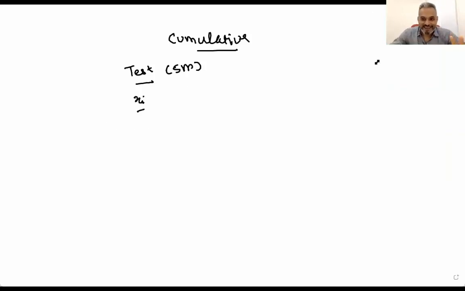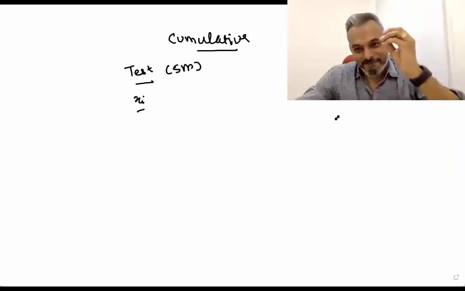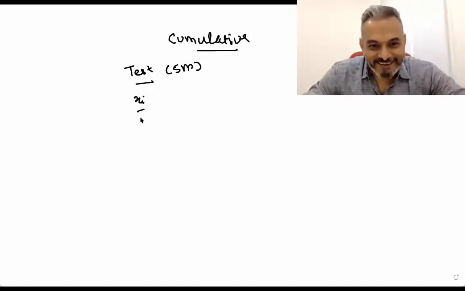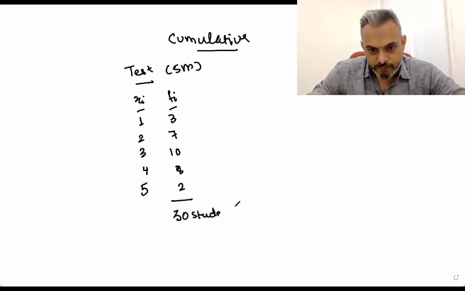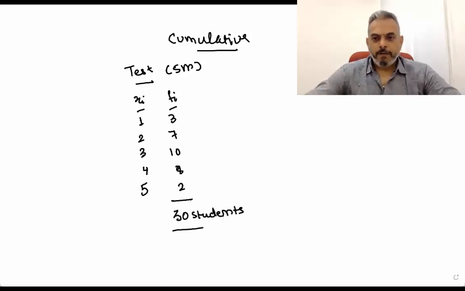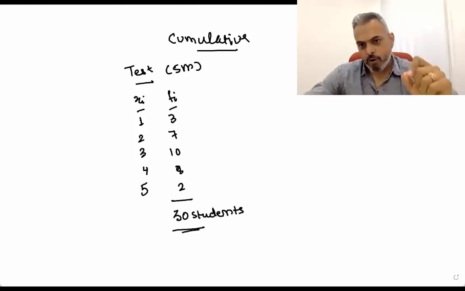So marks scored by student is 1, 2, 3, 4 and 5. Then frequency is given 3, 7, 10, 8 and 2. So there are total 30 students.